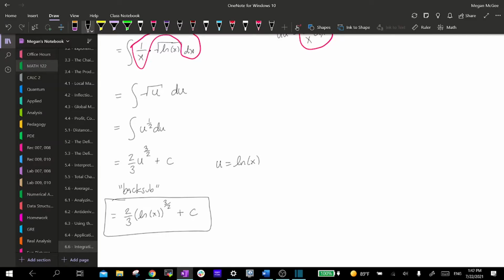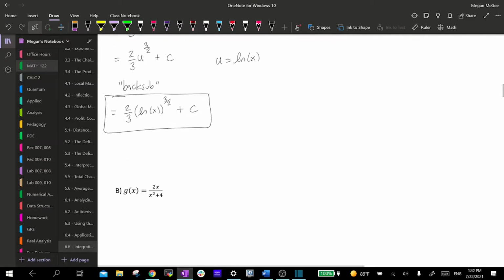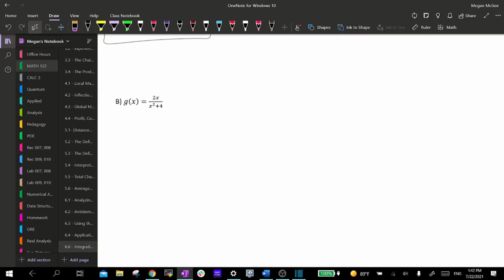We're going to do a lot more, so if that one was a little bit confusing, don't worry. Let's look at part B. In this case, we have the integral of 2x over x squared plus 4 dx.